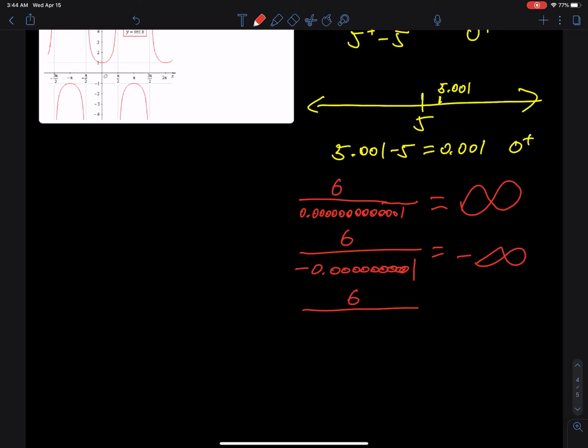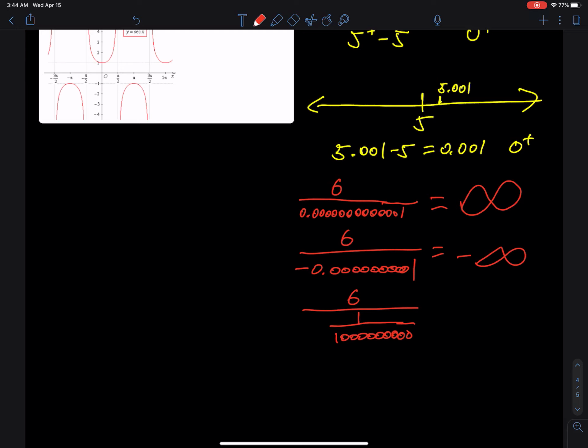I can give you one more. Dividing 6 by a tiny number is the same thing as 6 divided by a fraction whose denominator is very small. Look at the denominator. Is 1 divided by that number really small? Yeah, 1 divided by that is very small. So you are taking 6 divided by a very, very small value, and you get positive infinity.